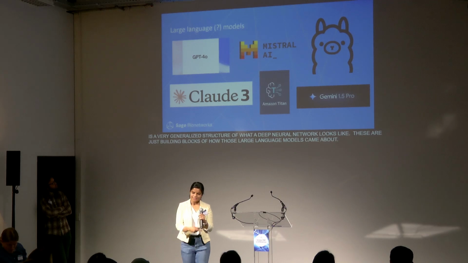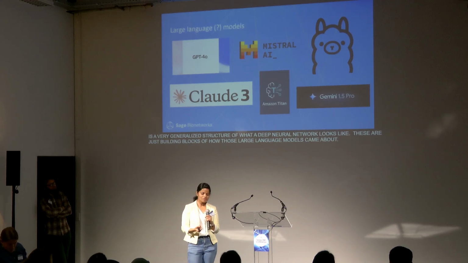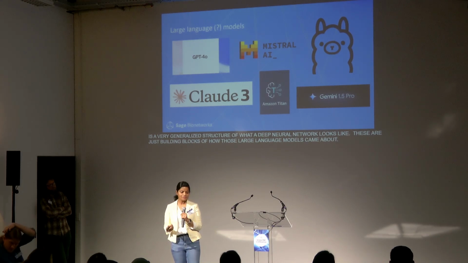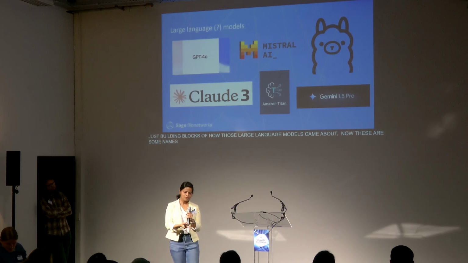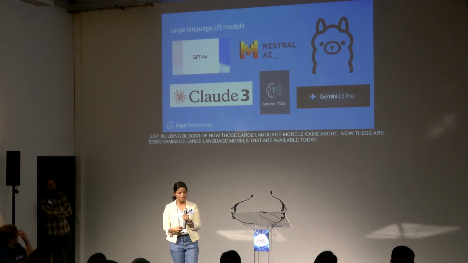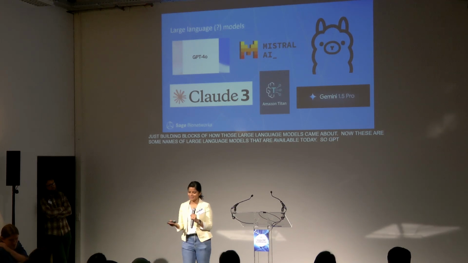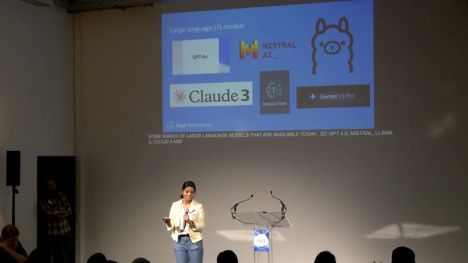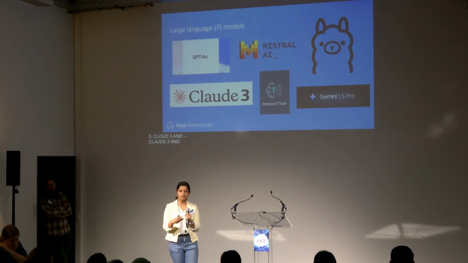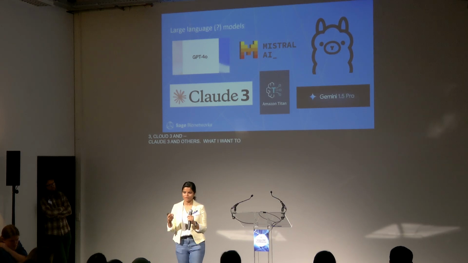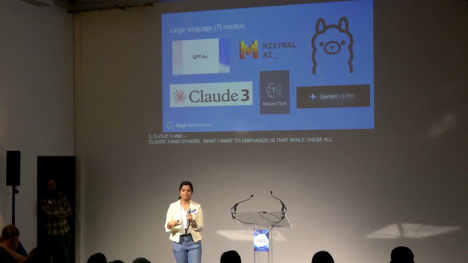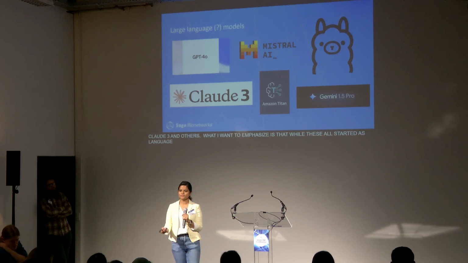Now, these are some examples of large language models that are available today. So GPT-4o, Mistral, Llama 3, Claude 3, and others. What I want to emphasize is that while these all started as language models, so very much text-based, they are very quickly starting to take in data that is more than text.